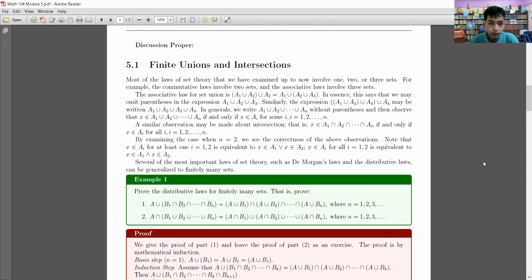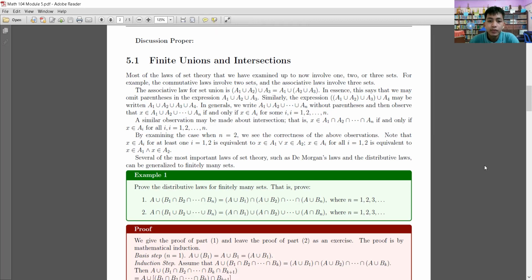So next, we will discuss the part where the unions and intersections grow in number. But we will look at the finite case first. So, when it's finite, for example in the union, we can have up to n sets.